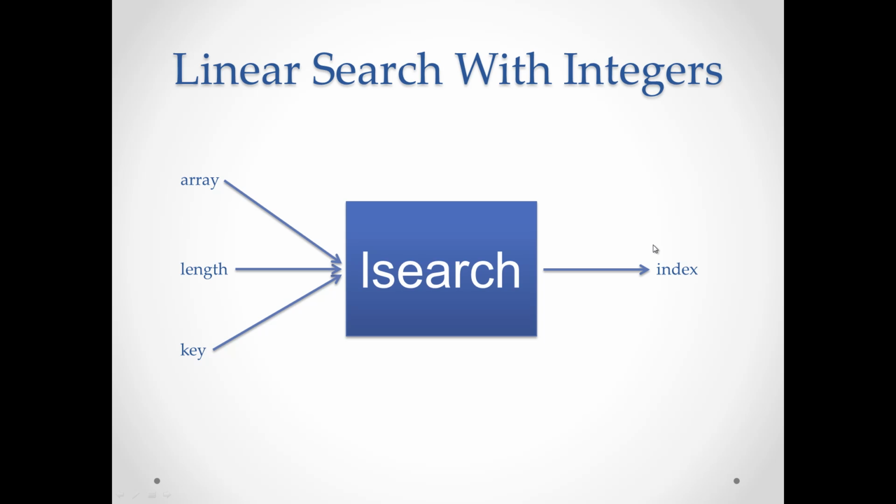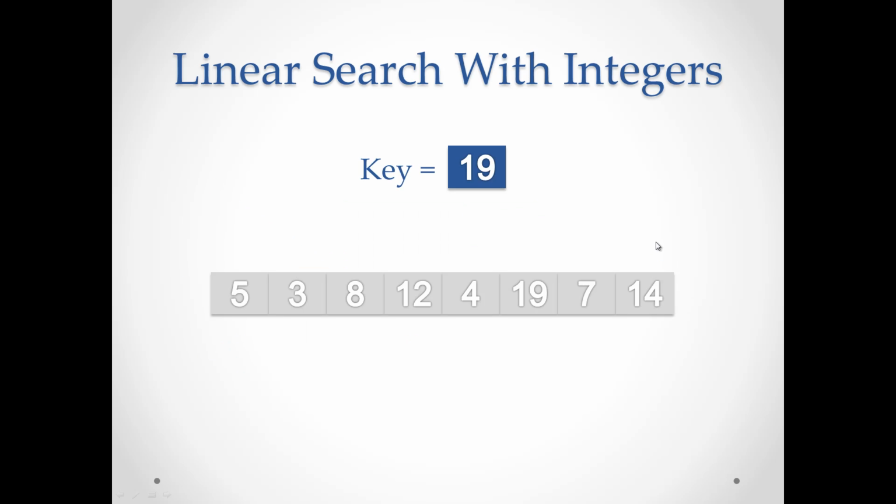So now let's go ahead and take a look at an example. So right here we just have our key value is 19, and this right here is our array. So the linear search algorithm is very simple. All that it does is it starts at the very beginning of the array and compares the key value to the current element that it's at. So at the beginning of the array we have a 5 right here, and it compares the 5 with a 19.